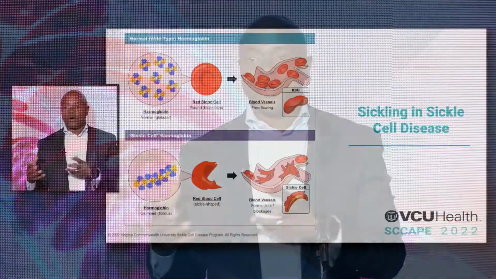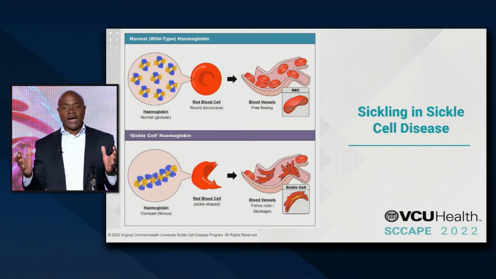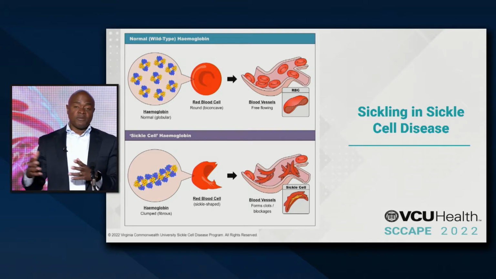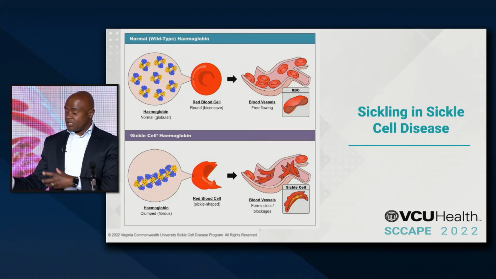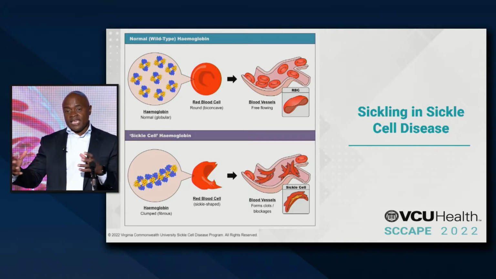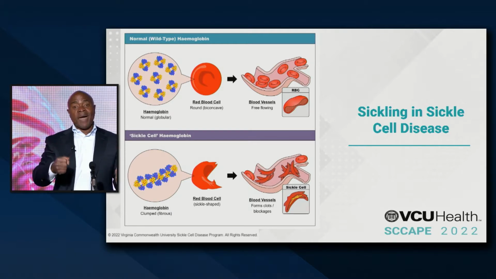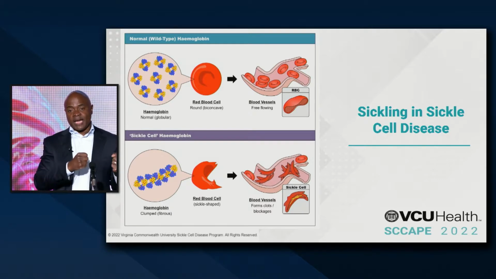So now you go from having a round red cell to one that is more sickle-shaped. And then on top of that, if this hemoglobin is in this configuration, it's not going to do a very good job of getting oxygen back once it comes back up to the lungs.